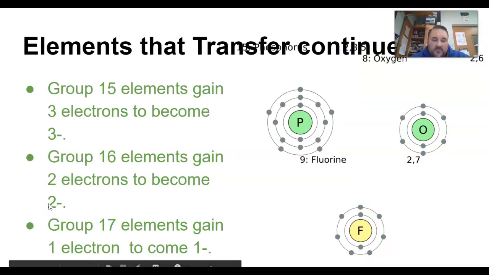Speaking of transfers, you either lose 1, 2, or 3, or you tend to gain 1, 2, or 3. Group 15 elements, which would be the nitrogen group, will gain 3. Group 16 gains 2, group 17, which is halogens, gains only 1.